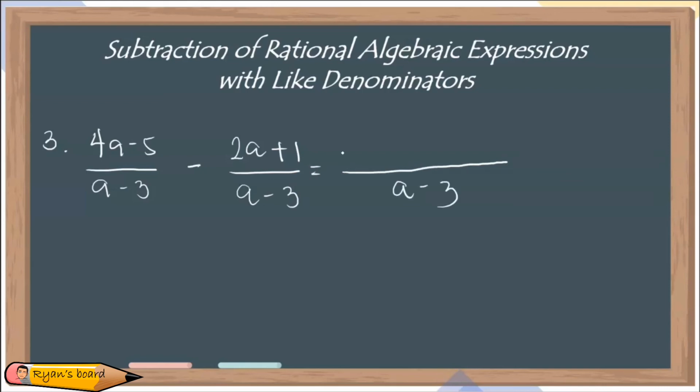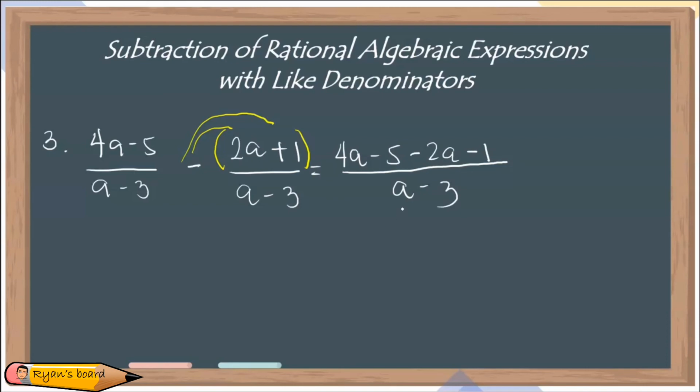Then, kopyahin natin yung 4a minus 5. Then, again, you change the sign of this one. Remember, i-distribute natin yan. Distribute natin sa loob. So, this will become minus 2a minus 1. Yung plus magiging minus. Kung minus naman to, magiging plus.